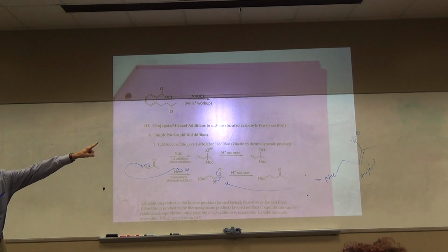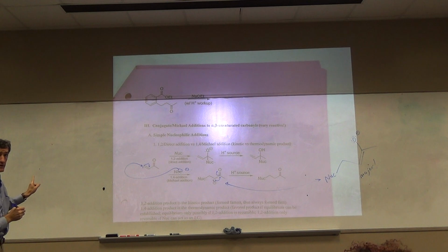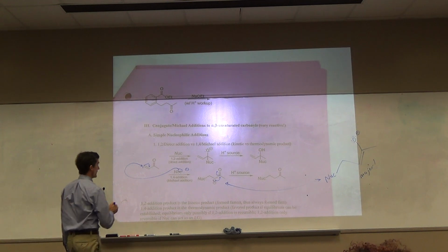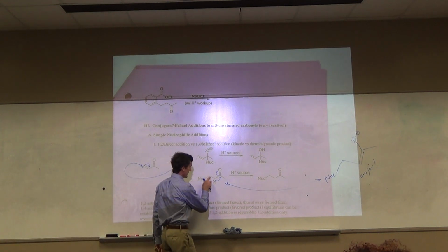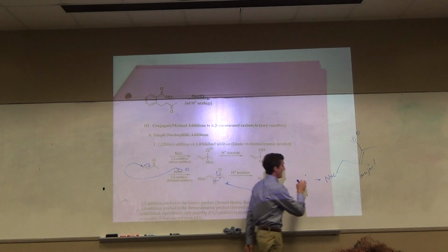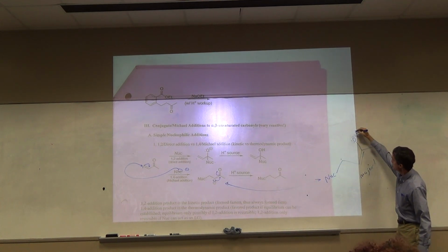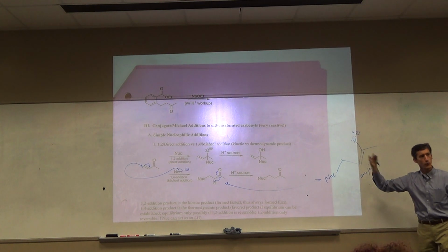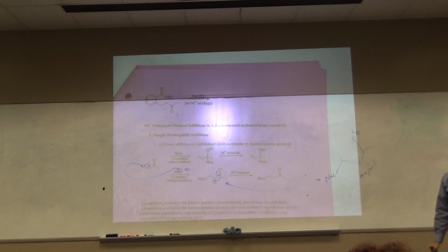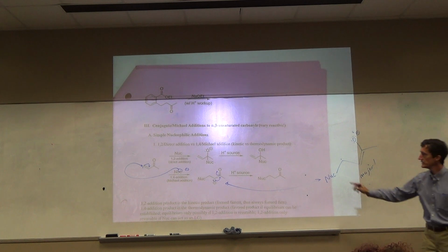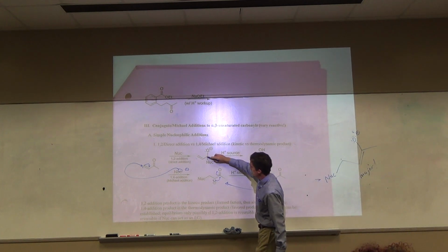Remember, they're predominantly on the oxygen. That's major. And that is what compared to 1? 4. 1, 2, 3, 4. The nucleophile added there, but the electrons ended up on the oxygen 4 away. Called a 1,4 addition versus here, nucleophile added here, 1, 2.